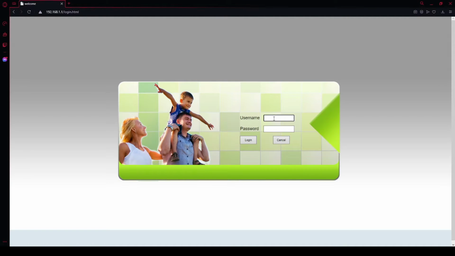After entering it there, it will bring you into this page. As you can see, you have a username and password.